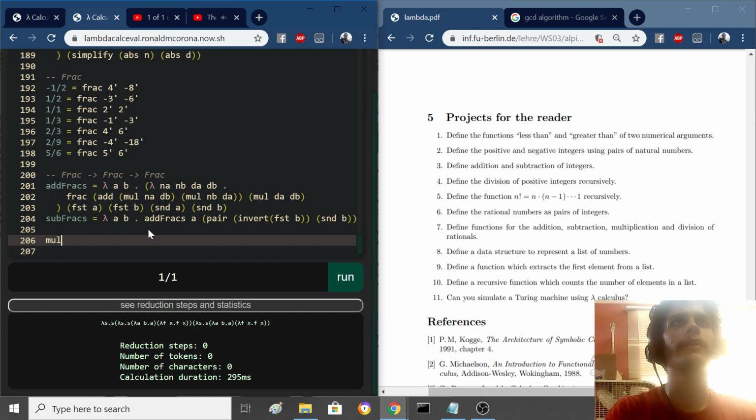Multiply. Super easy, right? Of course, you were so happy when you found out how to multiply fractions in grade school. I can't even tell you how happy you were, because it was just like multiplying them straight across. How easy is that? So it's a fraction consisting of multiplying the numerators and multiplying the denominators.